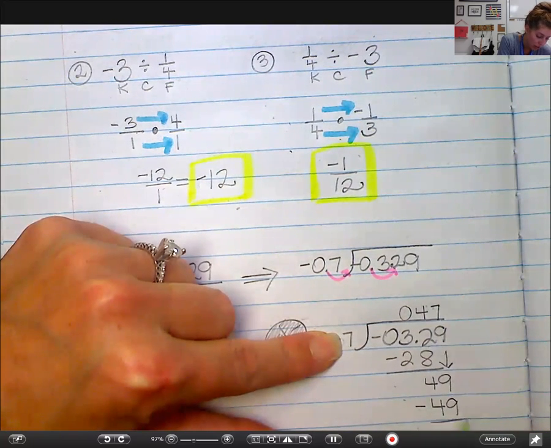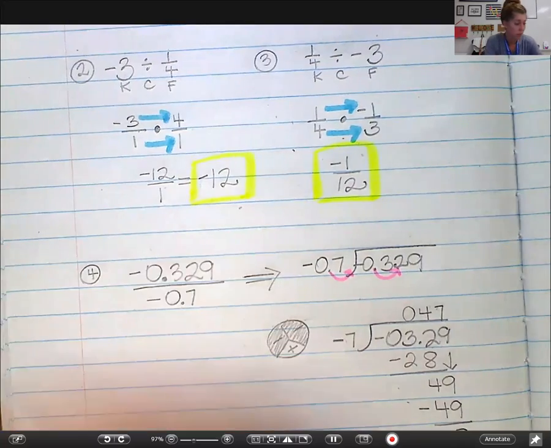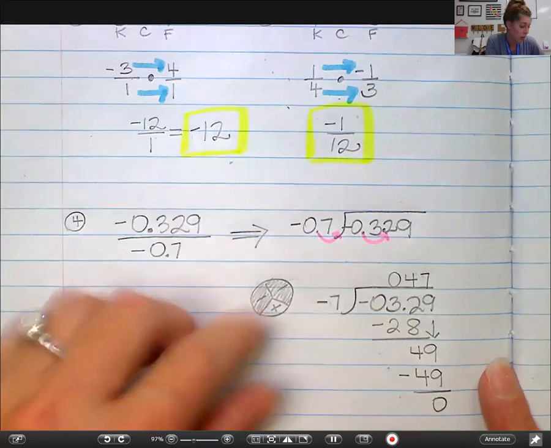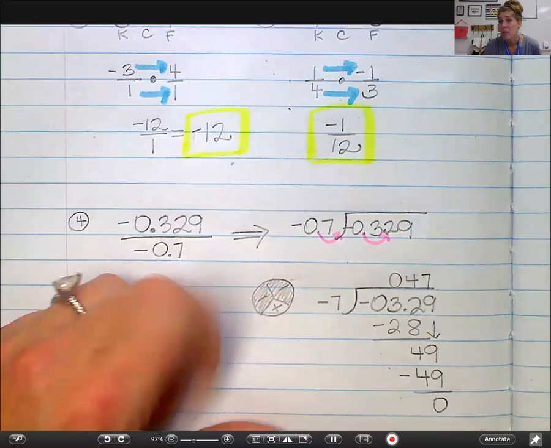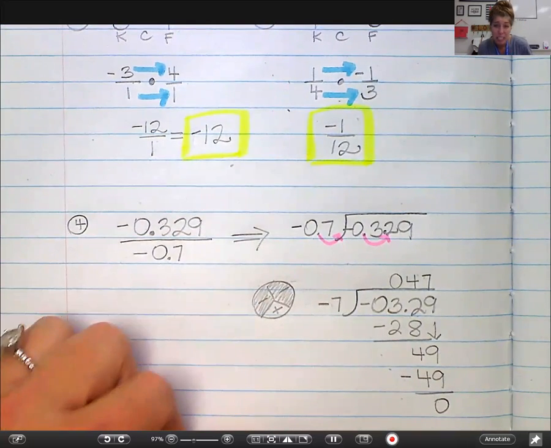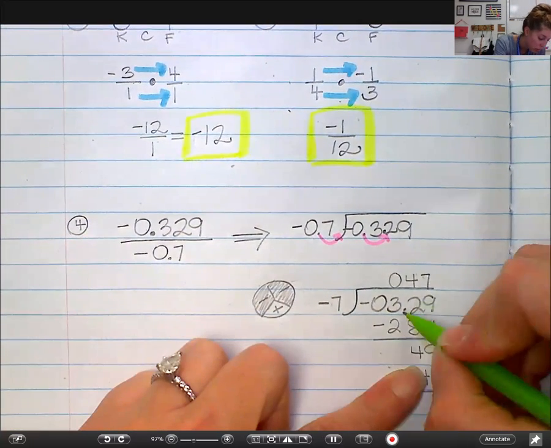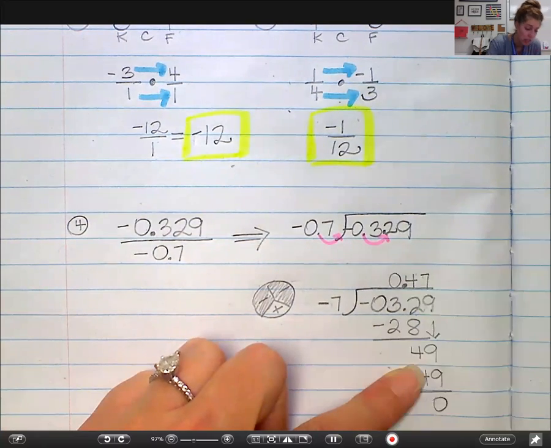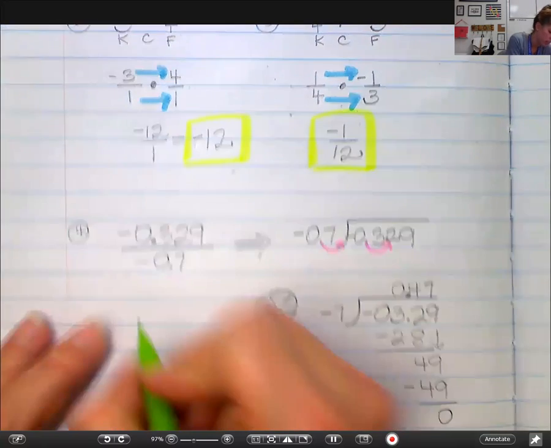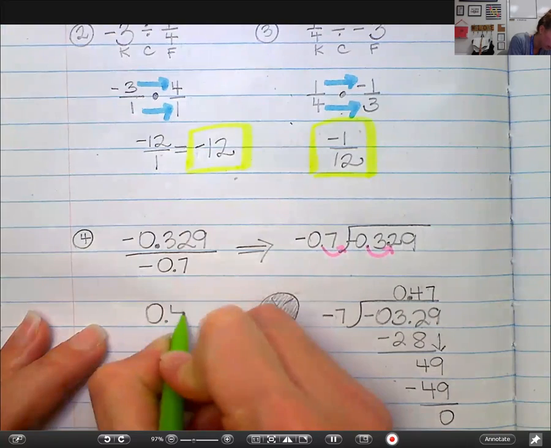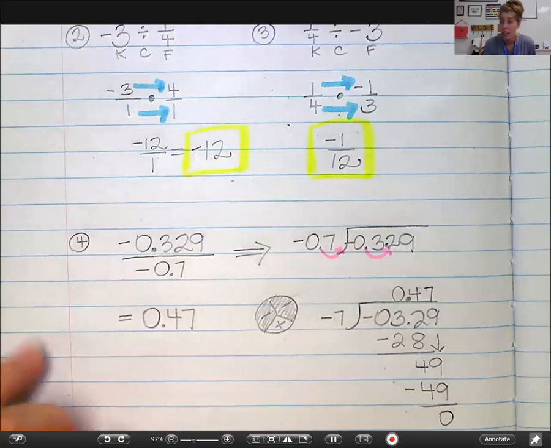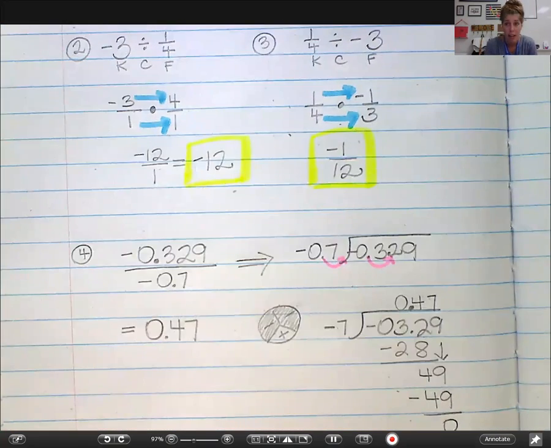Now I get a remainder of 0. Notice I didn't think about the negatives as I was going through that, and I didn't worry about the decimal. Now I'm going to put that decimal in my quotient and call it my final answer, 0.47. A negative divided by a negative is a positive answer.